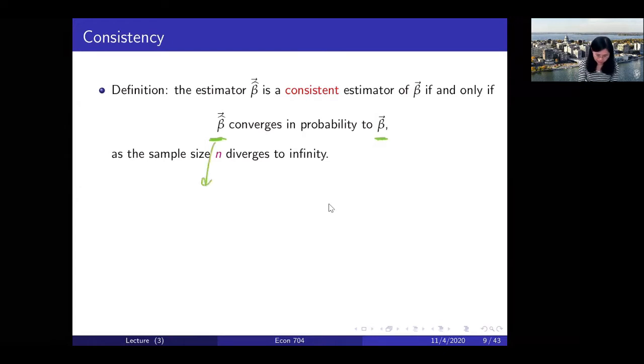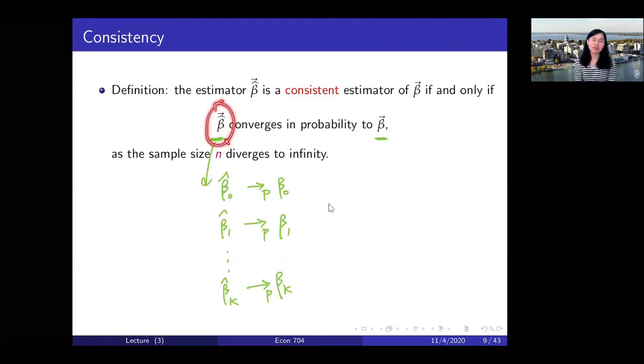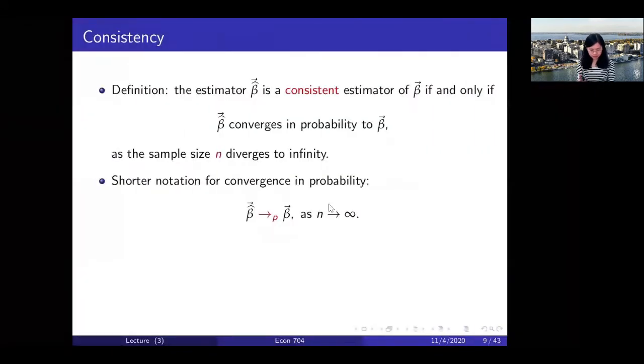That basically means beta 0 hat converges in probability to beta 0, beta 1 hat converges in probability to beta 1, and beta k hat converges in probability to beta k. So that's basically what this convergence of this sequence of random vectors means. All right, so that's the definition of consistency.